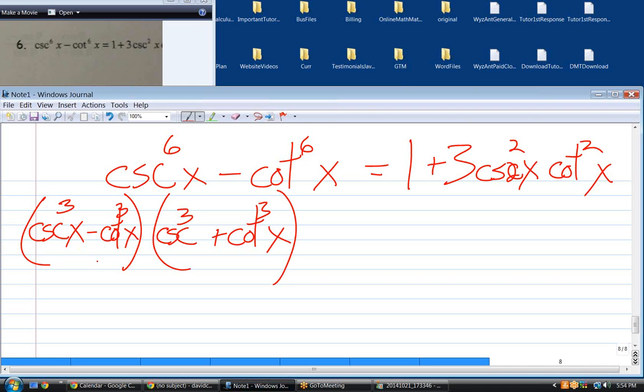Now, let's factor each of these. Now we really do have the difference of cubes. Factor this.